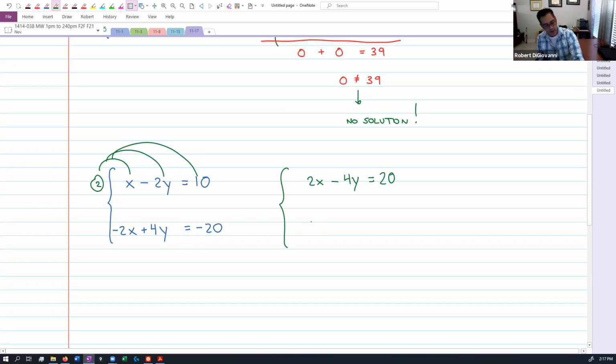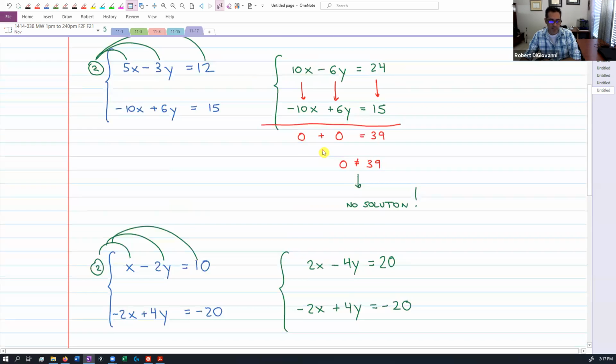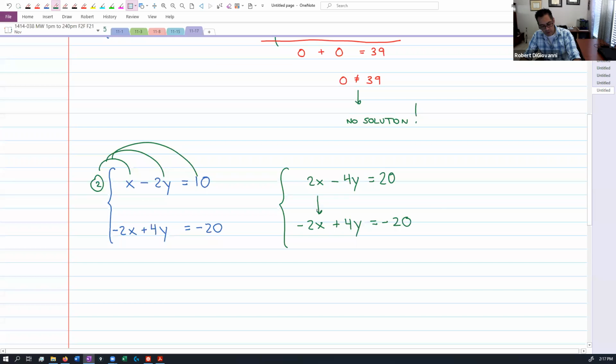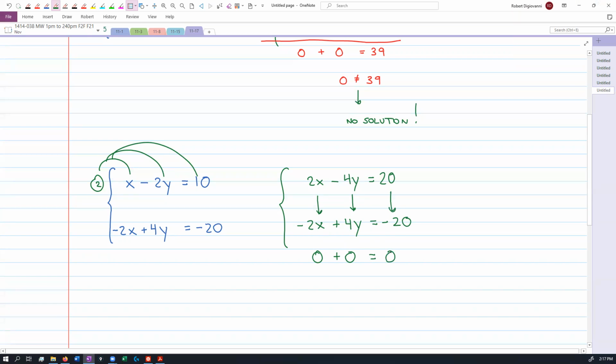And then the bottom one is negative 2x plus 4y equals negative 20. Do you see how this is almost like the previous one? Everything cancels out. So you're getting 0 plus 0 equals what? 0, which means 0 equals 0.